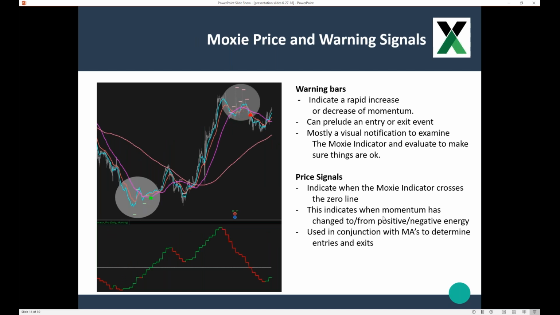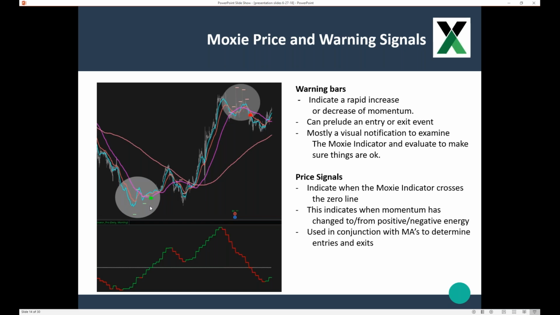So a little bit more, I've been refining this over the times and making sure that I keep offering better things to the customers and clients, and just makes it easier for trading. And 2 of those things that I've included are the Moxie warning bars, and what you can see is these green bars right here and these red bars right here. And what that tells you is when energy and momentum and velocity is coming in or out of the stock in a more rapid than average or more rapidly than normal situation.